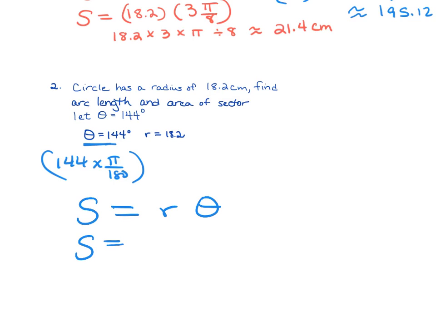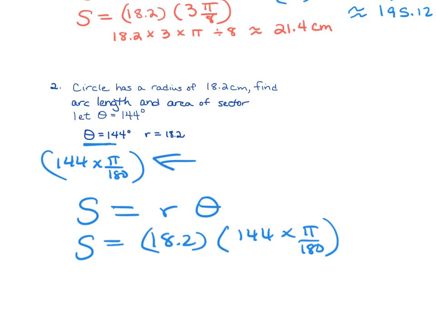So I'm going to take my radius, which again is 18.2. Now, it's just coincidental that both problems had a radius length of 18.2. The radius length and the theta will change depending on each circle. My theta measure, remember, must be in radians, so instead of doing this ahead of time, I'm just going to put it in here.